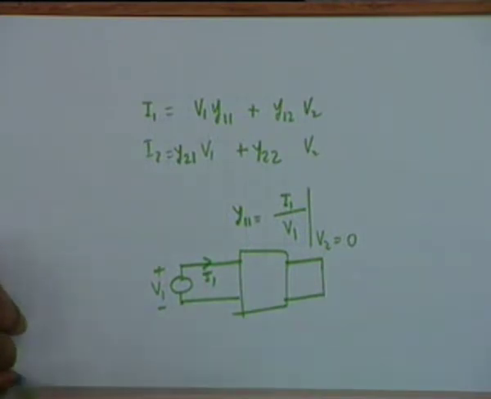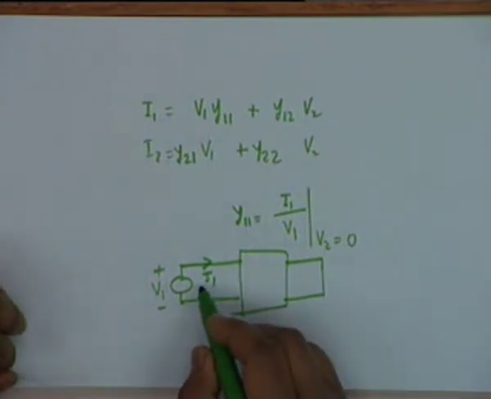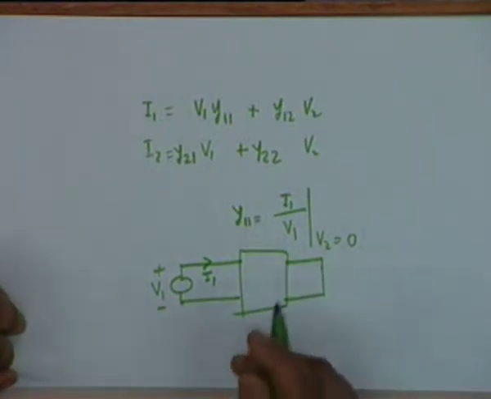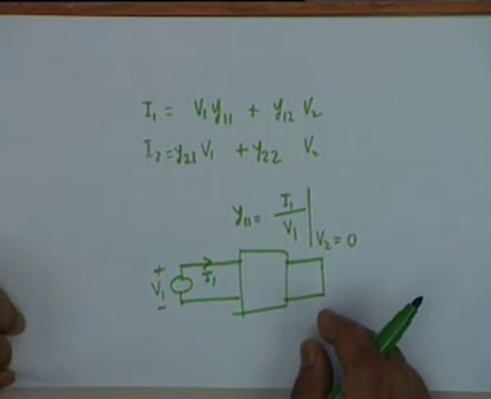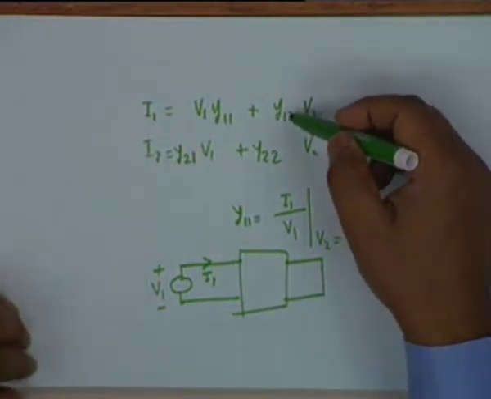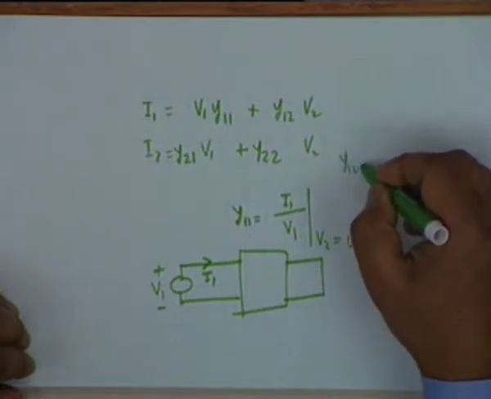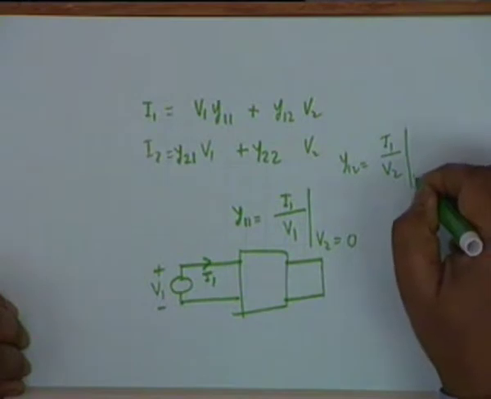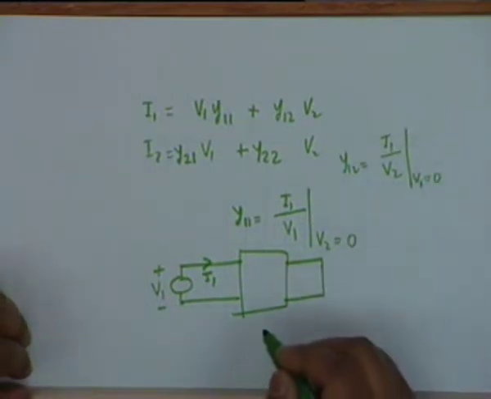All right, that is how it becomes a driving point admittance under the condition that the other port is short circuited. Similarly, when you measure Y12, what is Y12? Y12 is I1 over V2 under the condition that V1 equals 0.